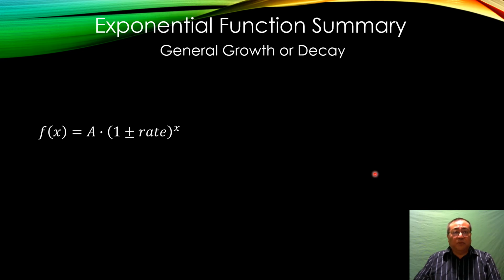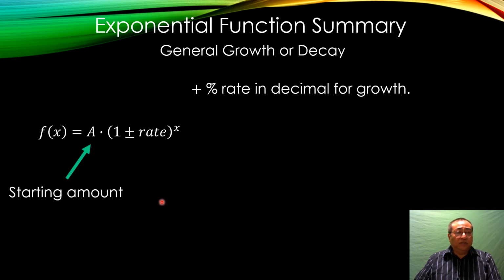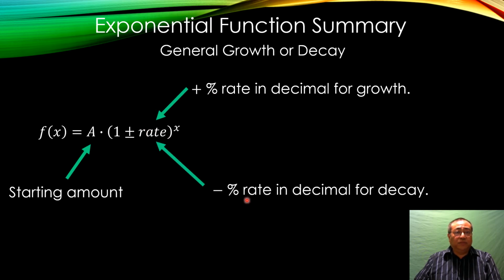So this is a summary of the exponential function. Here we have a general growth or decay. A is the starting amount, then the percent rate in decimal form, or the minus percent rate in decimal form. It's positive, you're adding if it's growth, you're subtracting if it's decay.